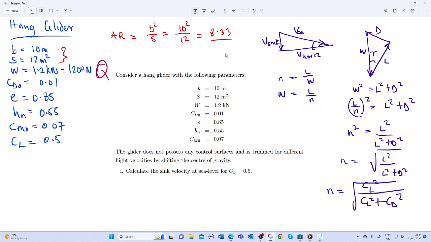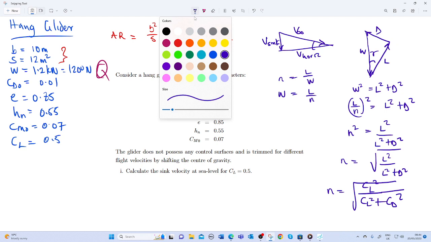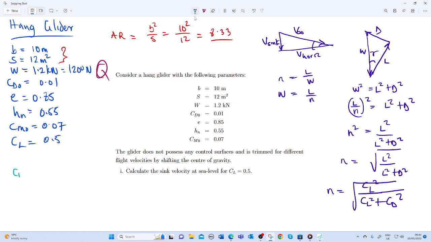Now, first of all, how do we calculate our CD? CD equals CD0 plus CL squared over pi E AR.